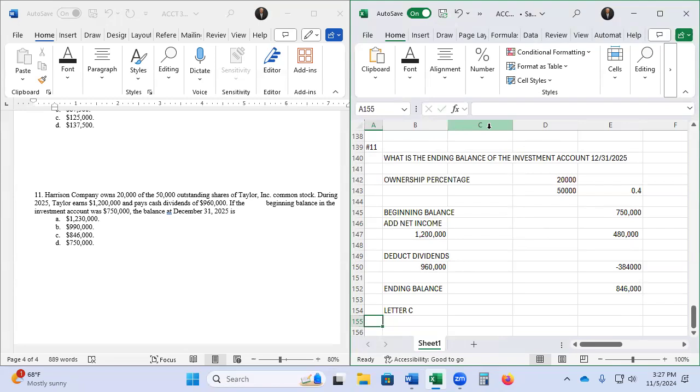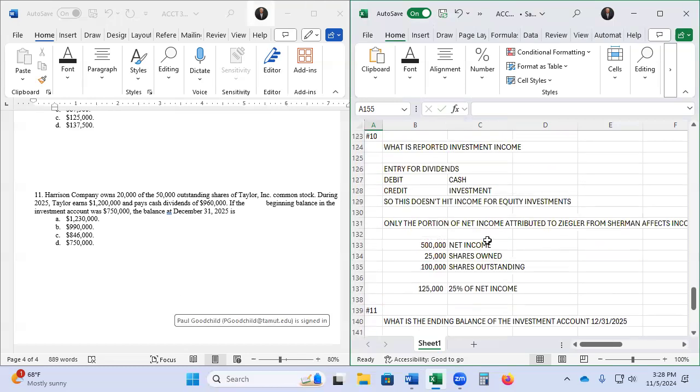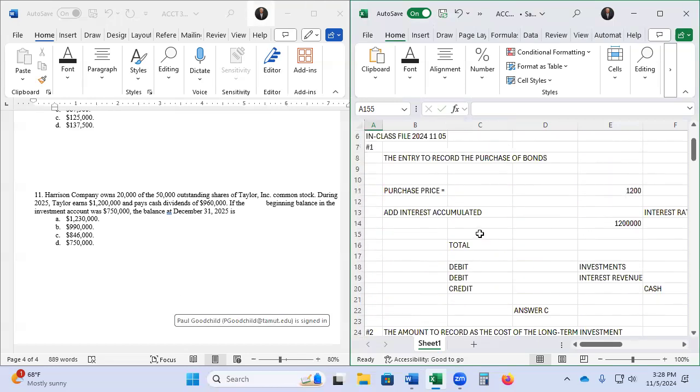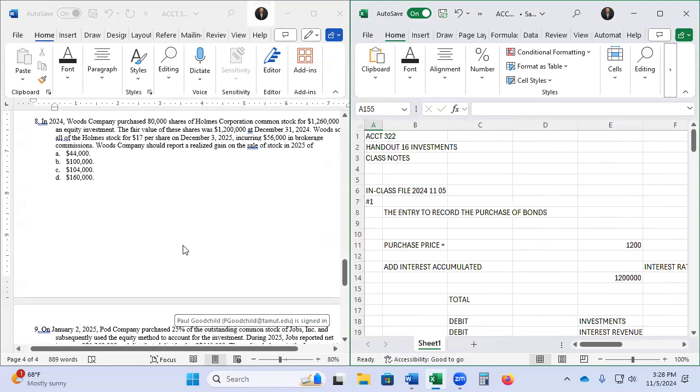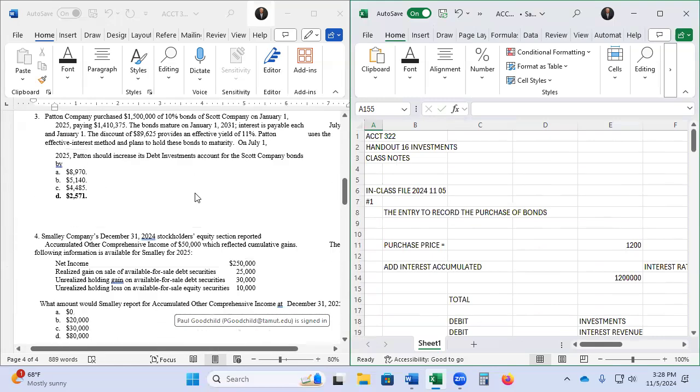Yep. The other question I realized, because on the first one, right? It was debt investments, interest revenue, cash. Debit to interest revenue, and credit to that. Correct. I originally put interest receivable.